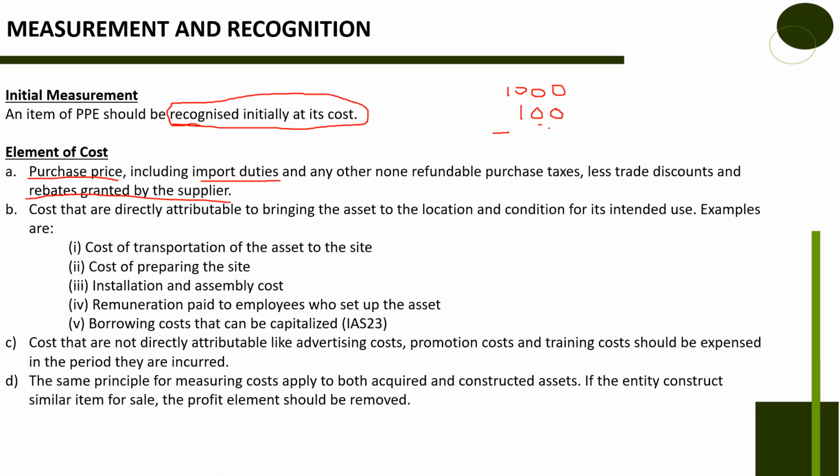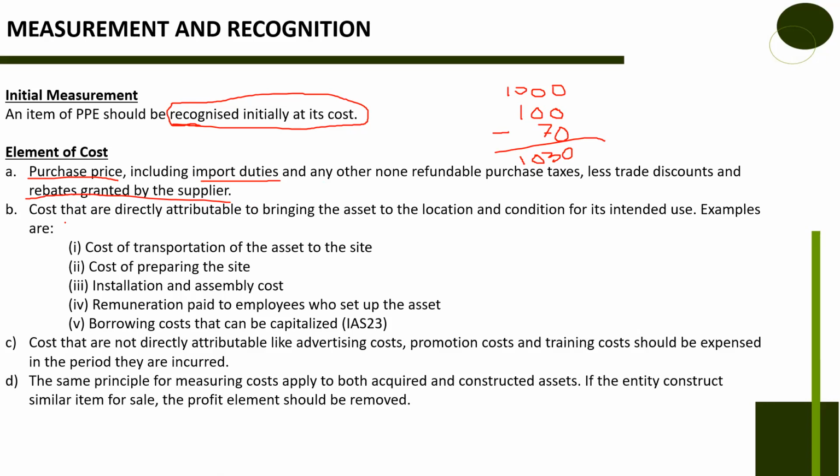You have to remove it, because you didn't pay for it. So you say 1,000 plus 100, minus 70, then you'll have 1,030 naira. This is what you will recognize. I hope you understand this.